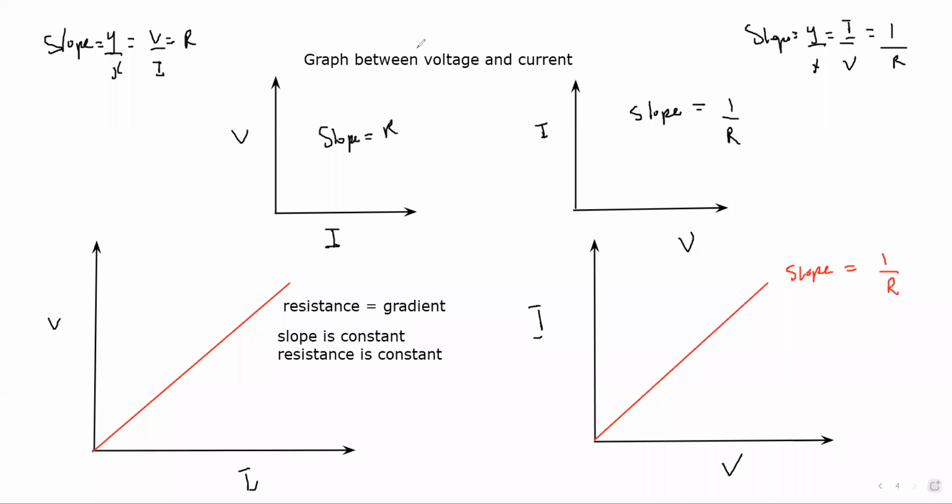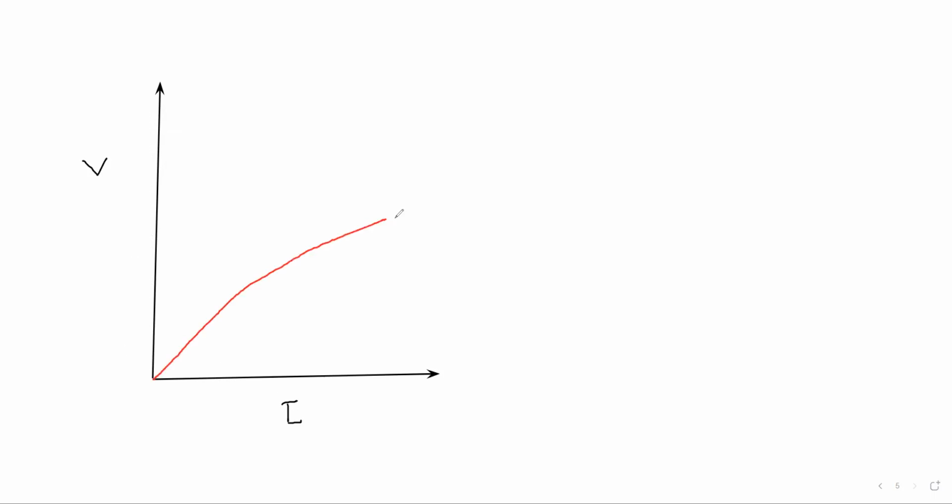But what will happen if you have a graph like this, and the slope is, what happened to the slope here?